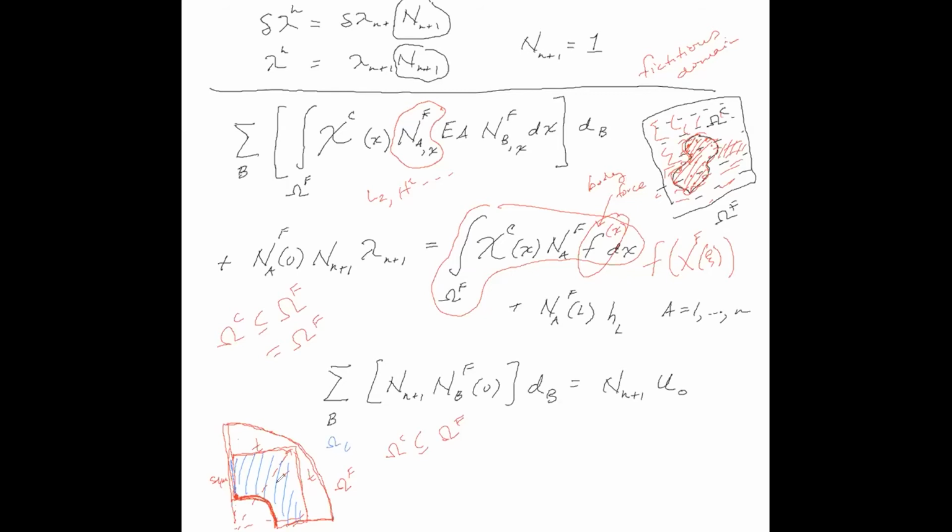You're very close to being as accurate as building a body fitted mesh, with dramatically less effort in building the computational model. Yeah. So I guess what I'm getting at is that there is going to be some error introduced if your fictitious domain mesh doesn't conform to the boundaries of your body, right?